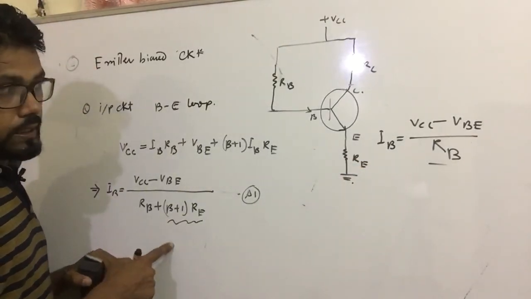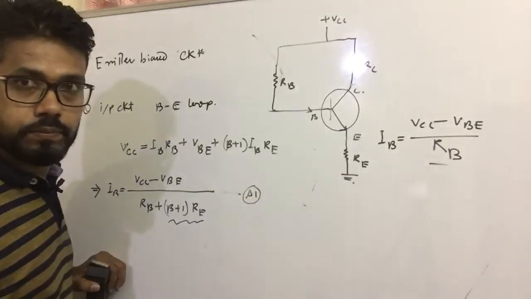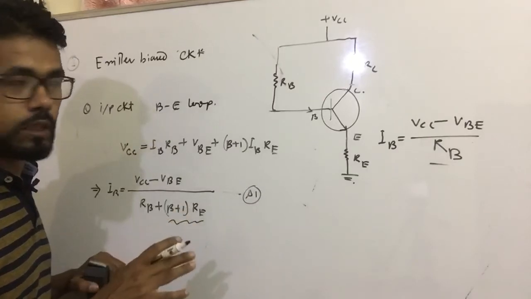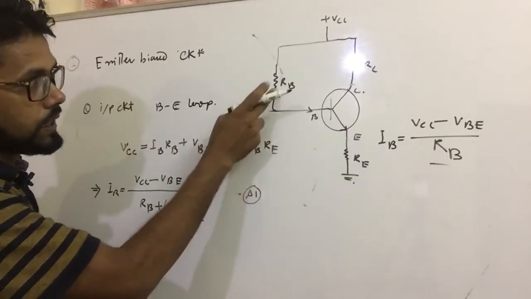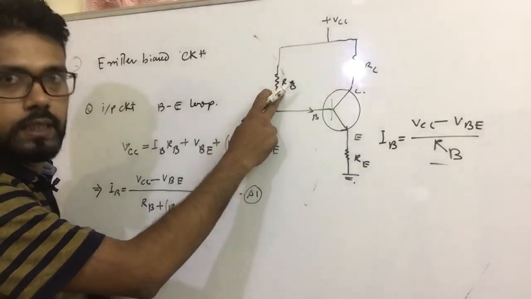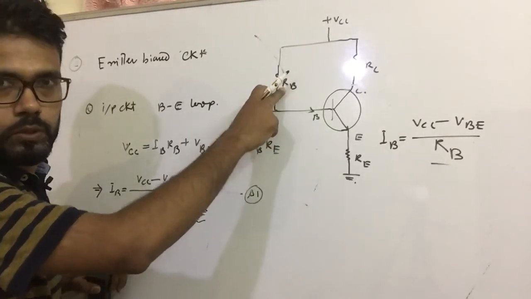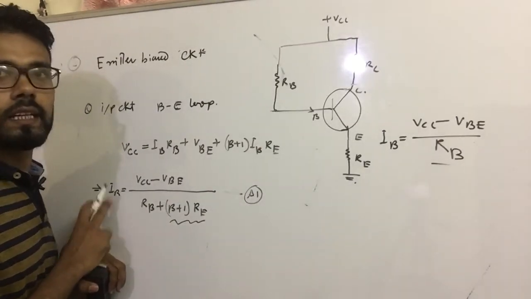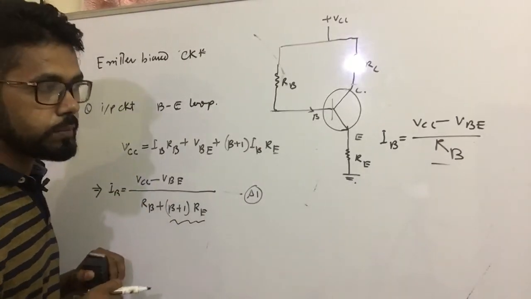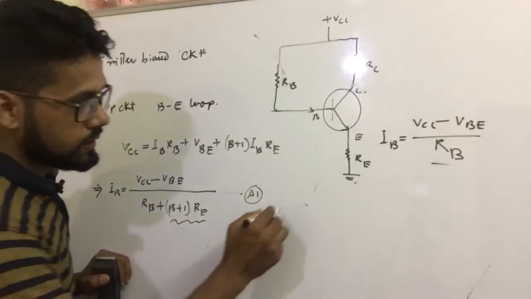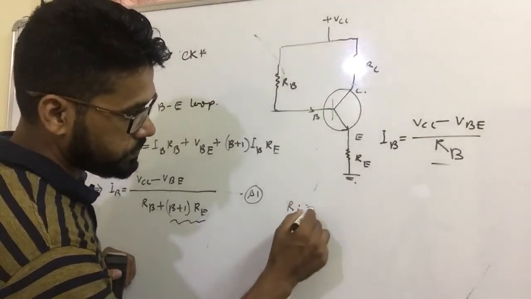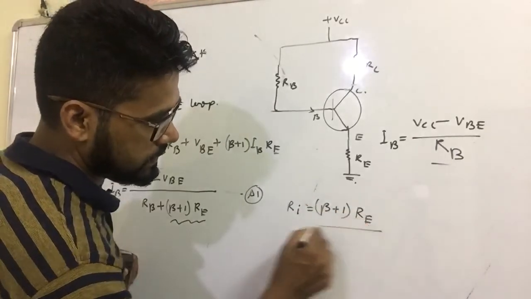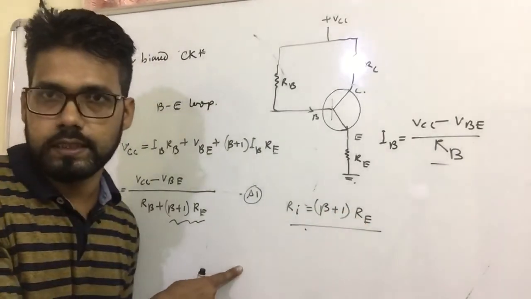Because of the addition of the external resistance RE, which appears in the input circuit, is it okay? Appearing in the input circuit means it is added to the input resistance RB. That is why I say it appears in the input circuit. Because of this addition, the base current IB is reduced. This input resistance term, (beta plus 1) RE, is added to the input circuit.